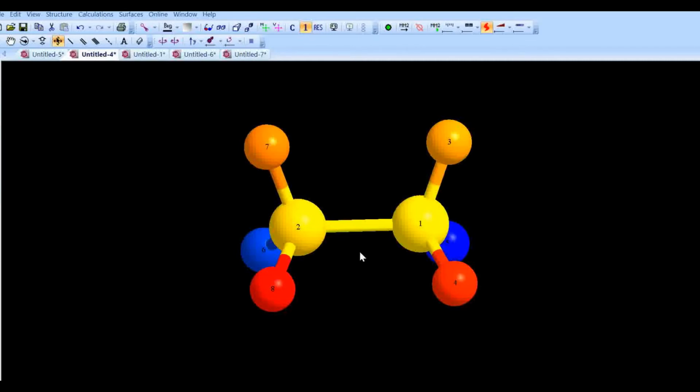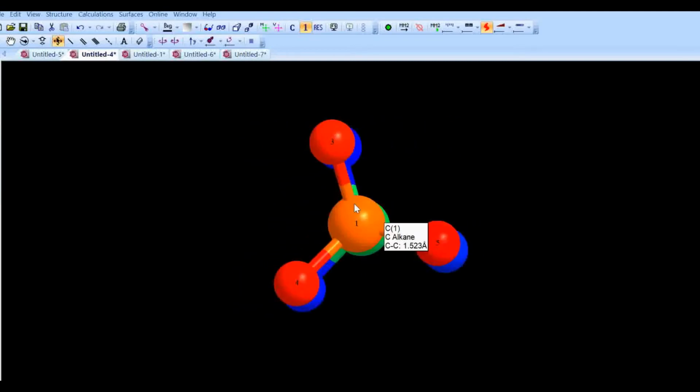And this plane is perpendicular to the principal axis, so it is called sigma h.